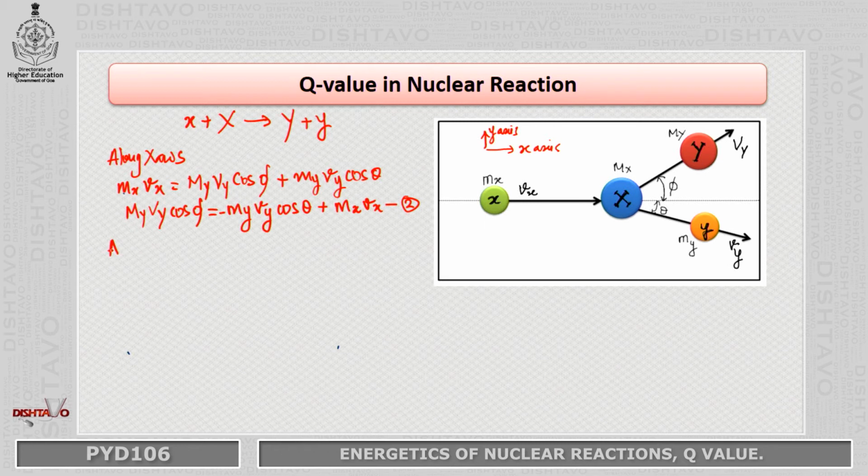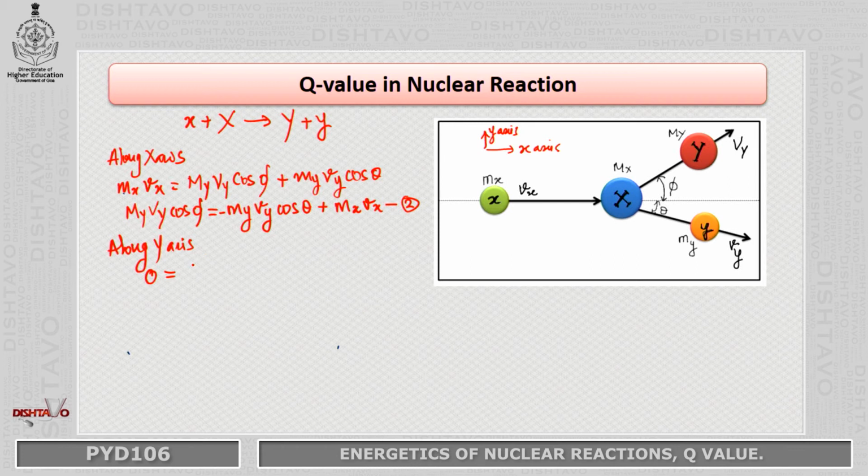Now along the y-axis, using the law of conservation of momentum, there is no initial momentum, so it is 0, but the final momentum is because of the product particles.